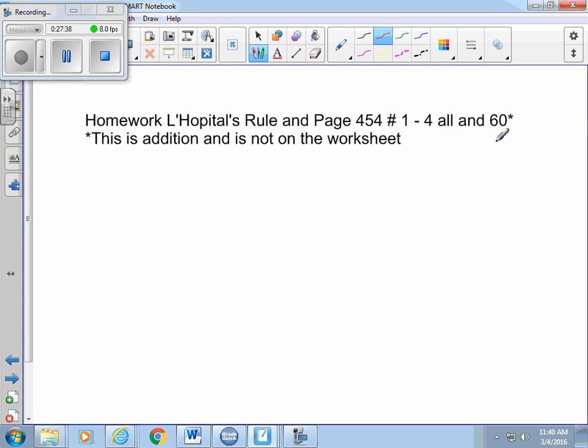You have 2 worksheets. Number 60 is not on the L'Hopital's worksheet. It needs to be added. The 1 through 4, I think, is written at the top. Is 60 written at the top? I might have fixed it. So you have 2 worksheets to do. You notice L'Hopital's is pretty short, right?